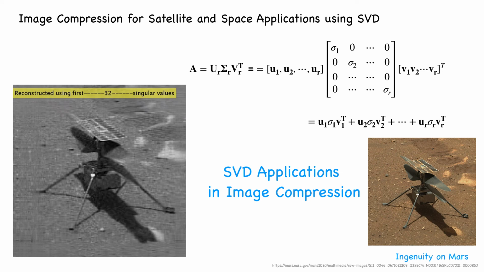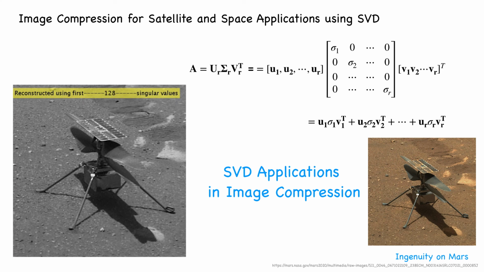For 32, it's almost like we are able to see the image properly. For 64, it improves further, but the changes are less visible. As we increase the number of singular values, there is not much change. That means most of the image details are captured by the first few singular values.